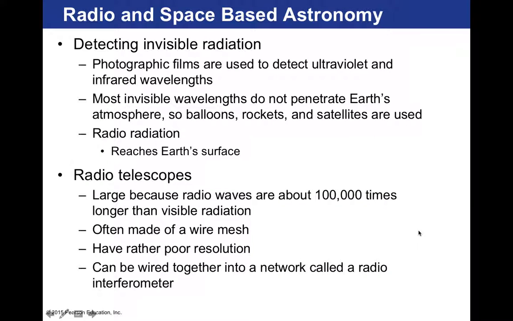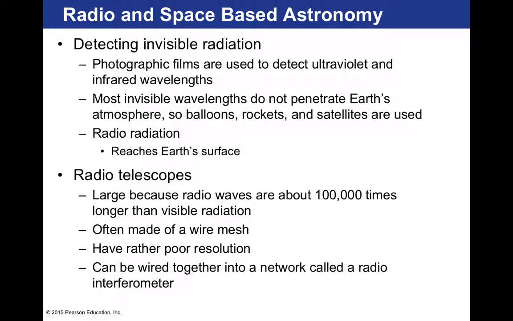All right, another type of signal that comes from outer space would be something that you wouldn't be able to see with the human eye, and this would be radio-based astronomy. So how do you detect this invisible radiation? Sometimes you can use photographic films to detect ultraviolet and IR, or UV and IR wavelengths, but most invisible wavelengths do not penetrate the Earth's surface.